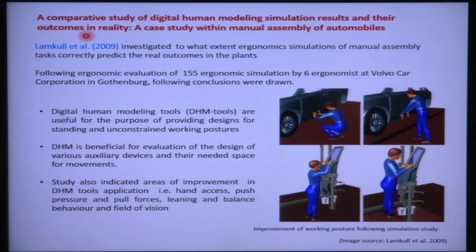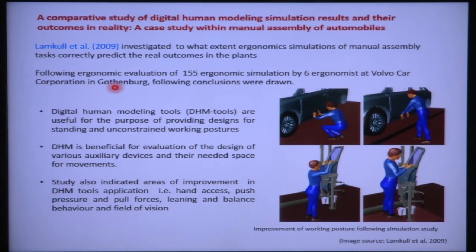It was a case study within the manual assembly process of automobiles. They investigated to what extent ergonomic simulation of manual assembly tasks correctly predicts the real outcomes in the plants.